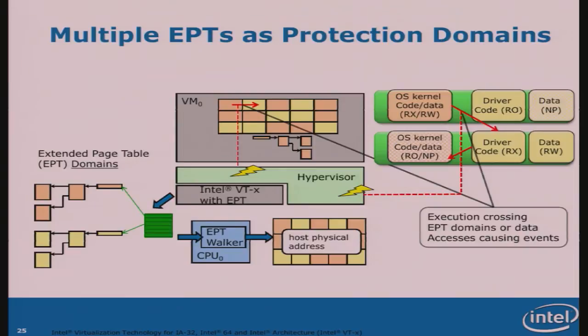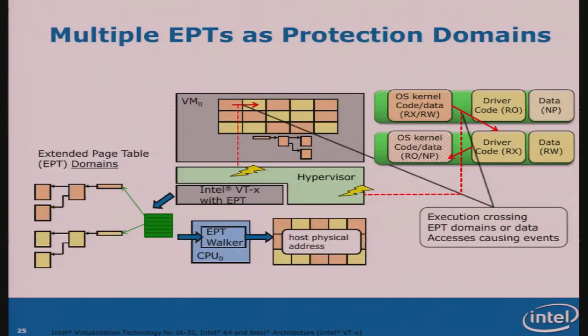I've just shown here a simple example where on the top you see some OS kernel data and code that has read-executable or read-write access, based on whether it's code or data, and all of the driver code and the driver data is essentially inaccessible, from the perspective of either executing the driver code or accessing the driver data.